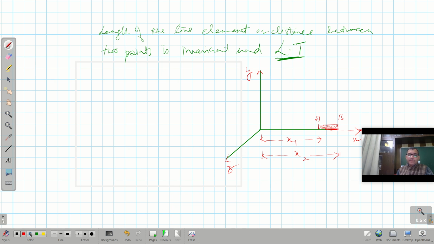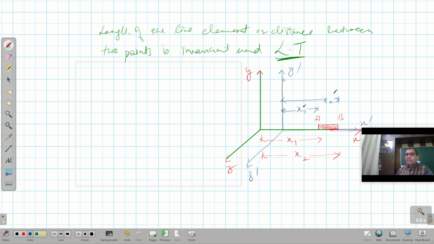Similarly, there is another frame of reference, say x prime, y prime, and z prime. When this object is seen from here, its coordinate will be x1 prime for end A, and for end B, it will be x2 prime.